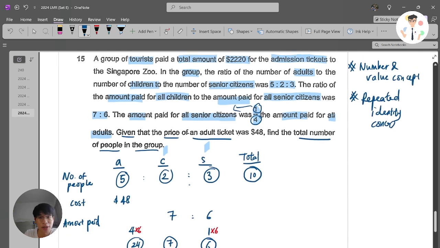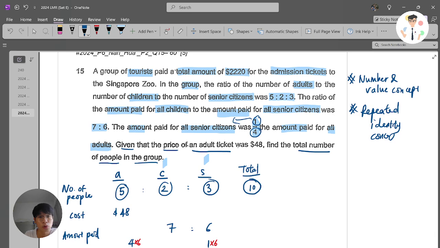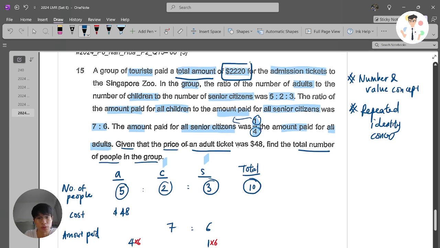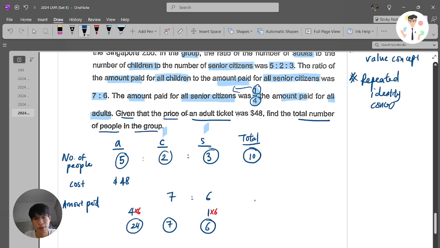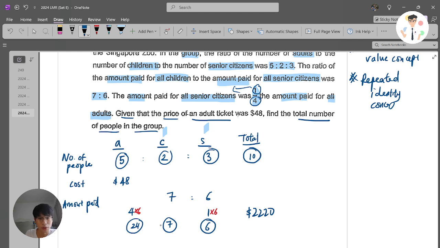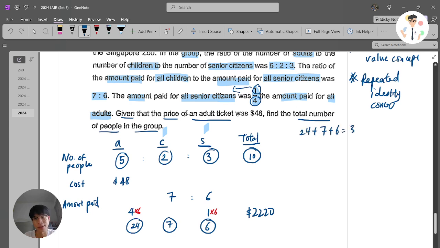There's one more piece of information I haven't added in, that the total amount is actually 2220. Let me just add it in here. Here is supposed to be 2220. Now I can look carefully, right? If you look carefully, you can see here 24 plus 7 plus 6 is actually 37 units.